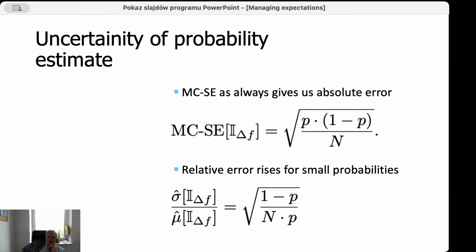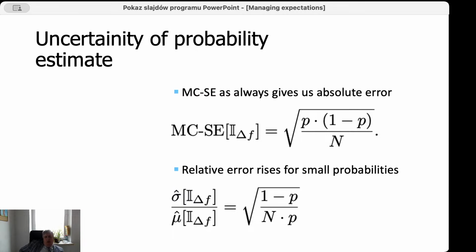The Monte Carlo standard error is well defined because of the variance and so on. In the case of the indicator function, it is also simple, but with certain caveats, because using that we can get an absolute error given by the radical of p, the probability of a point being located in a certain interval, times 1 minus p, divided by the number of samples.